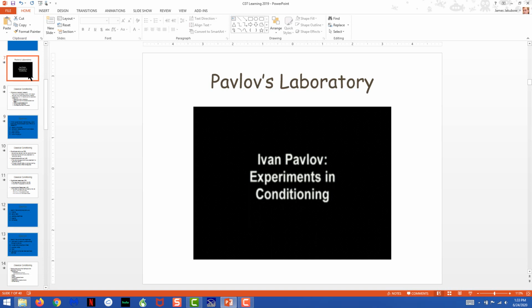Now, this should sound very much like the process of publicly observable and objective, the basic rules of science that we talked about in Chapter 1. And it was, in fact, the strict adherence to scientific rules that Pavlov followed that made him stand out among psychologists in the early 20th century.